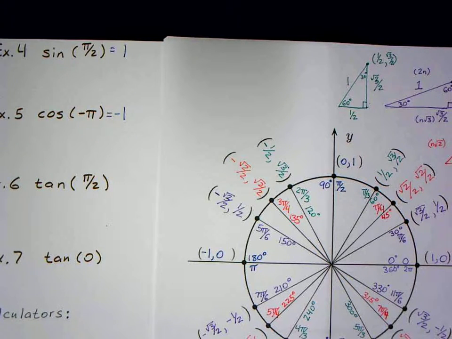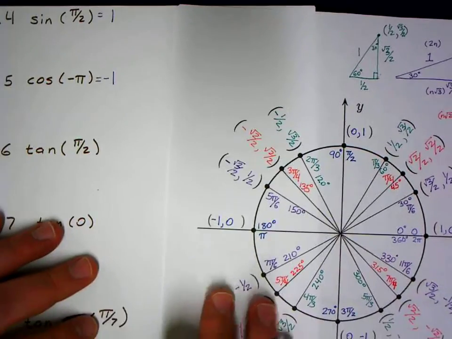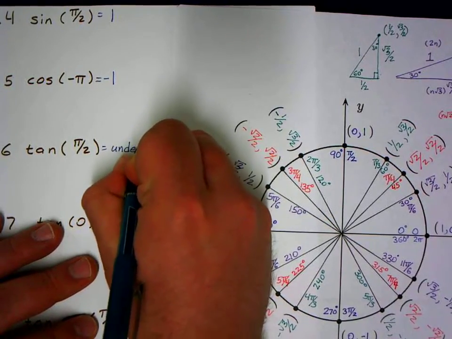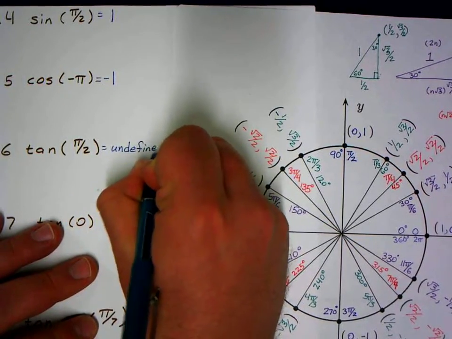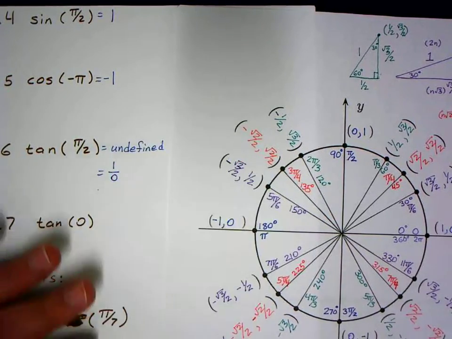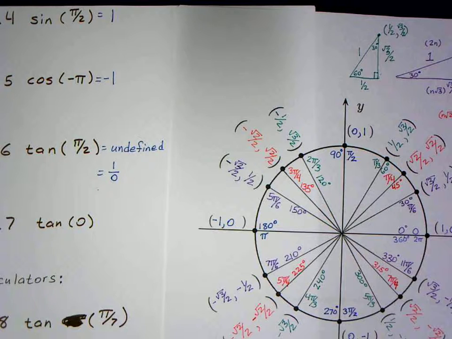Okay, tangent of pi over 2. That would be 1/0. Which is? Undefined. Because the y value is 1 and the x value is 0. So that value does not exist.